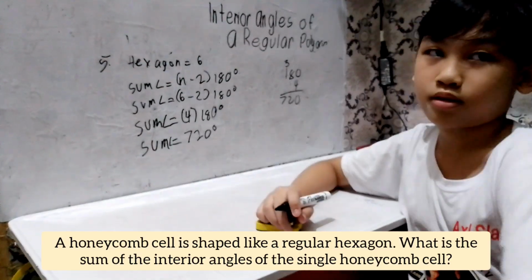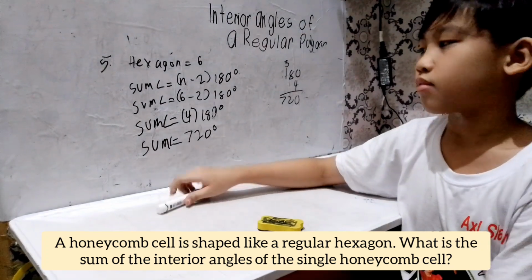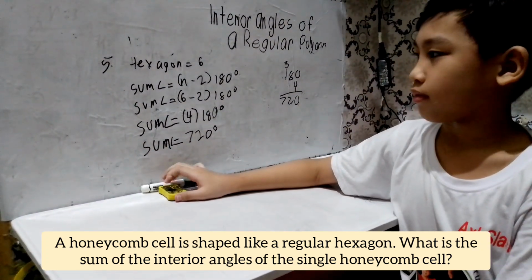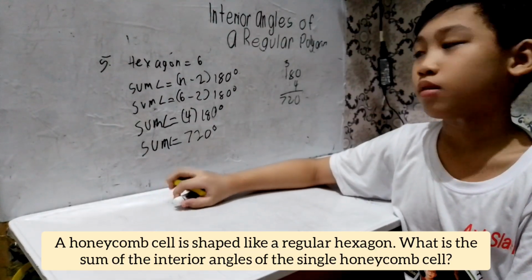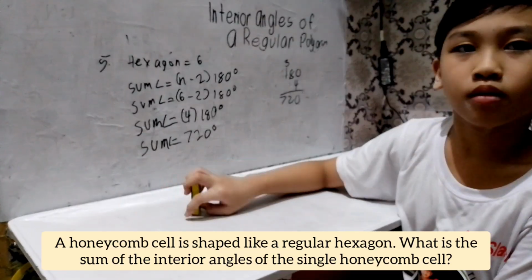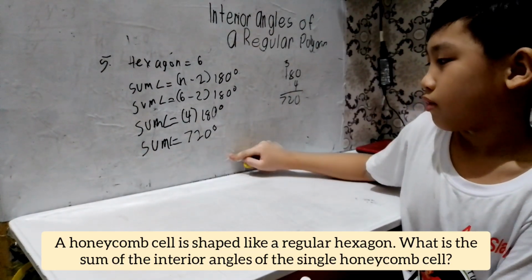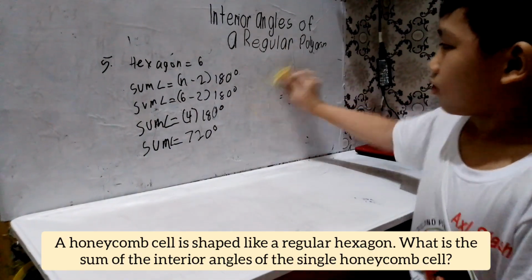Since you are asked to find the sum of the interior angles and the given polygon is a hexagon, which has 6 sides, just substitute the given into your formula. The sum of the angles is equal to n minus 2 times 180 degrees. Substitute and simplify. 6 minus 2 is equal to 4, times 180 degrees gives you 720 degrees. Very good.